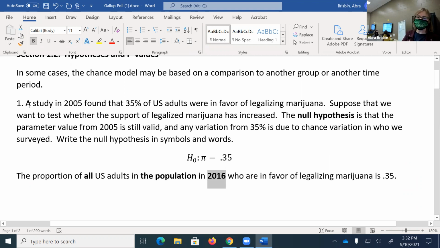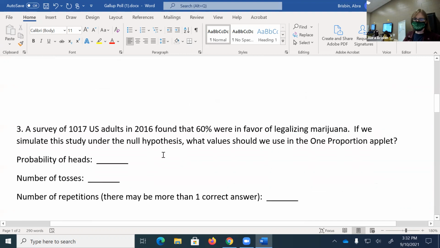So in 2005, 35% of US adults were in favor of legalizing marijuana. That's where we got the 0.35 here. But that's not actually the population that we're studying. If you scroll down, the survey that we're analyzing here was taken in 2016.